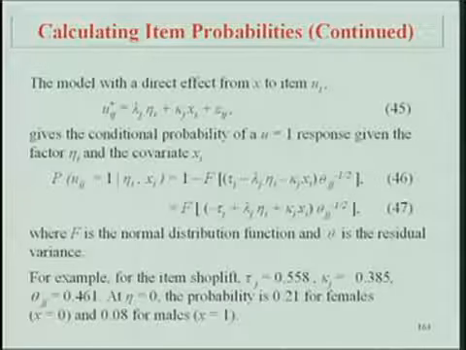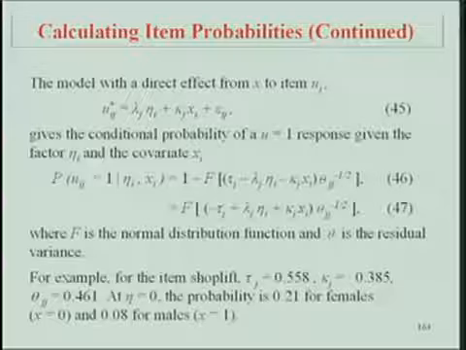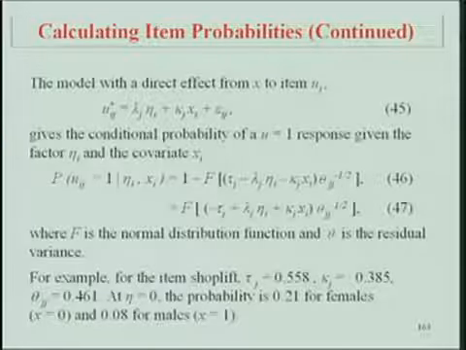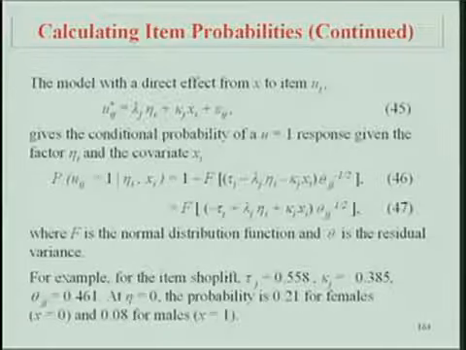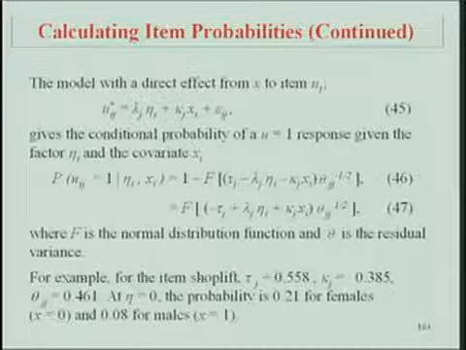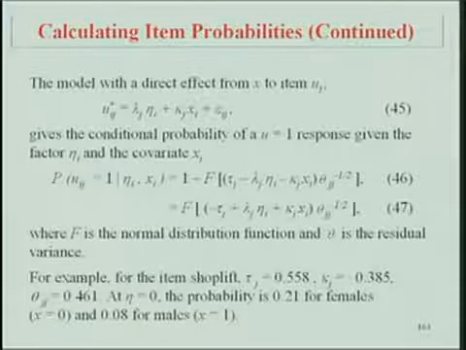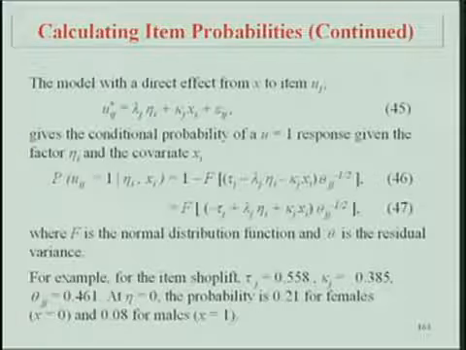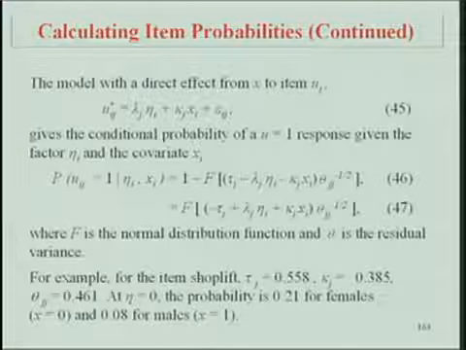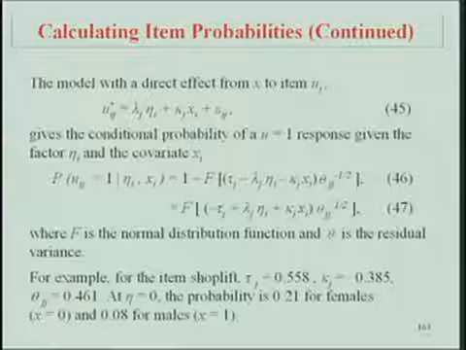Again, it's not a free parameter to be estimated, but it can be derived as the so-called remainder. So that is the residual variance for the U star variable. And we can compute this for simplicity at eta equals 0, because then this term falls out. Probability is 0.21 for females and 0.08 for males.